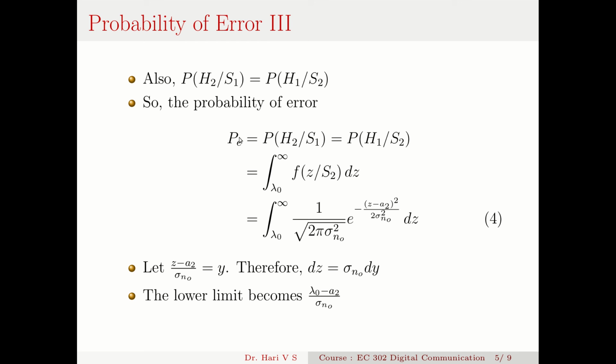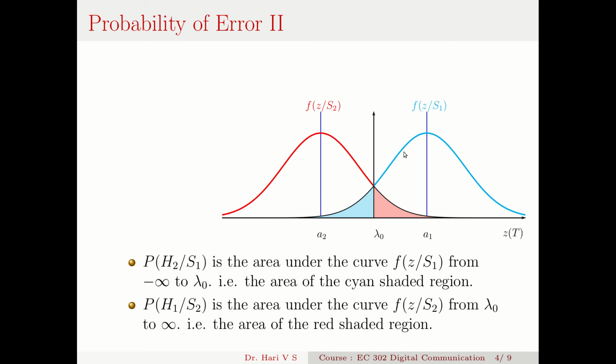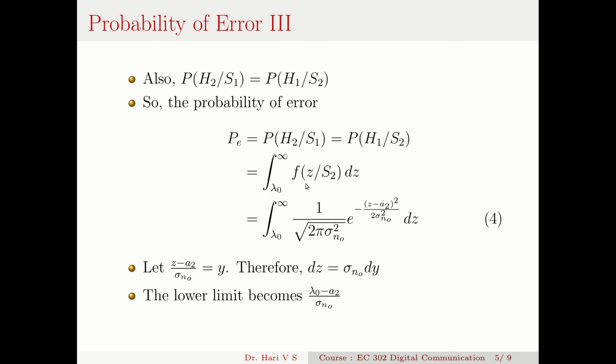So the probability of error is P(H2 given S1), which equals P(H1 given S2). So I can take one of these. Let us compute the area from lambda 0 to infinity under the curve f(z given S2). So it is the integral from lambda 0 to infinity of 1 by root 2 pi sigma no square, e raised to minus z minus A2 whole square by 2 sigma no square. This is my f(z given S2).